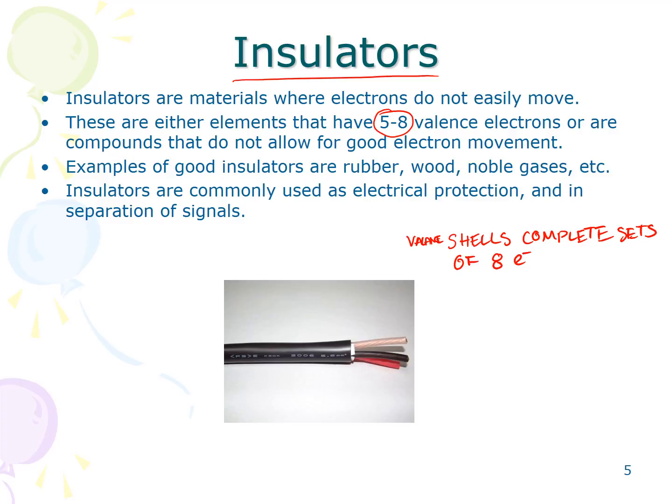Some examples of these insulators would be rubber, wood, or some of the noble gases on your periodic table. The really cool quality about these insulators is that they're used a lot of times for electrical protection. So if you have this copper wire, like at home, copper wires or cabling, they usually have this kind of rubber insulation.